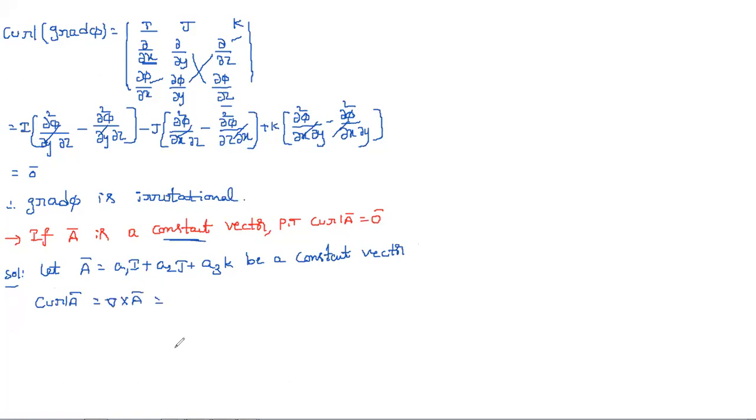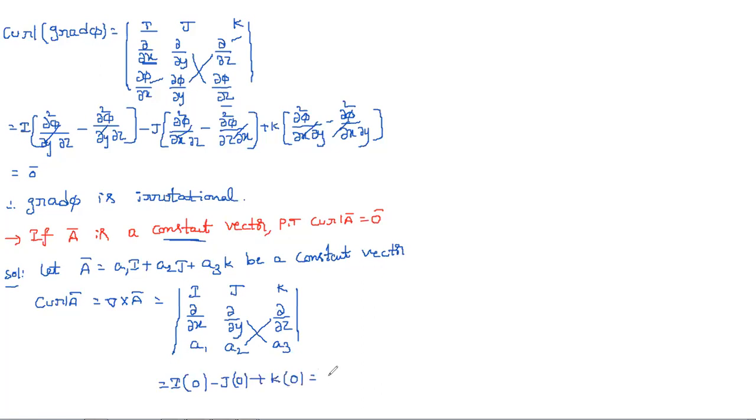Simply you can apply the determinant i, j, k, and del is dou by dou x, dou by dou y, dou by dou z, and in A bar the i coefficient is A1, j coefficient is A2, and k coefficient is A3. Now apply the determinant: i into dou by dou y of constant and dou by dou z of constant, obviously 0. And this is also 0, and this is also 0. So simply what will we get? 0 bar.